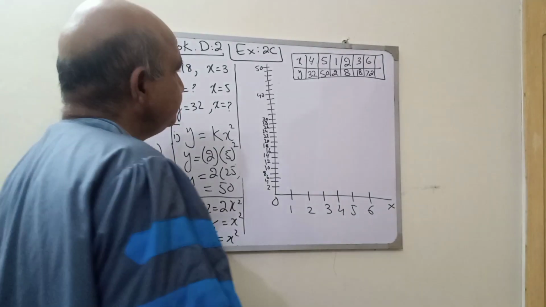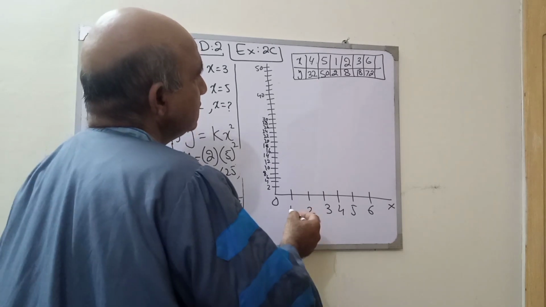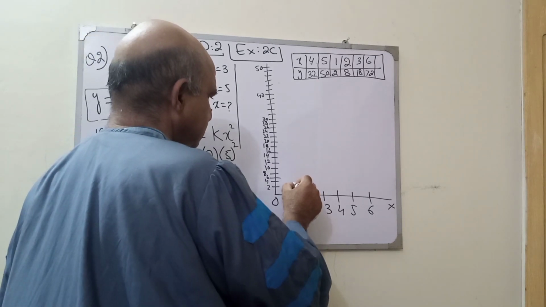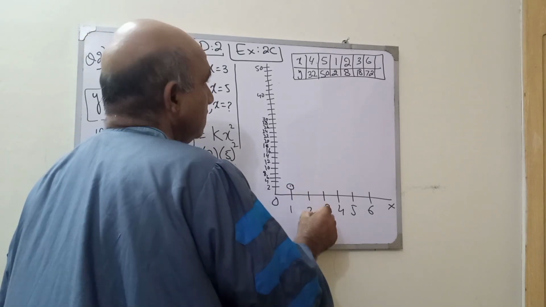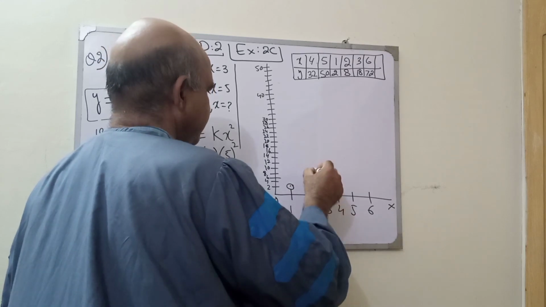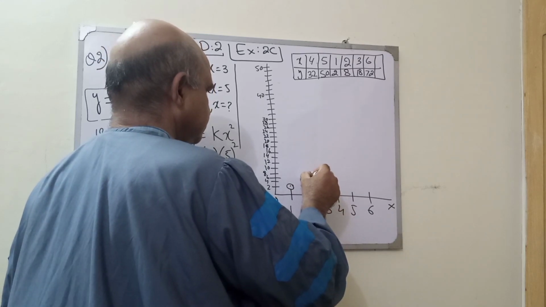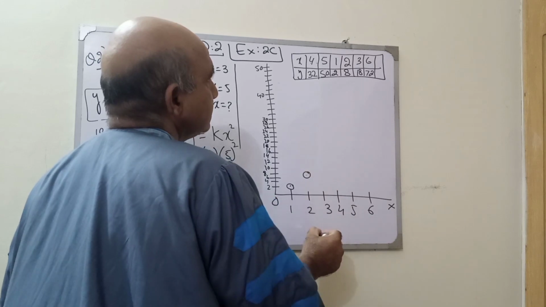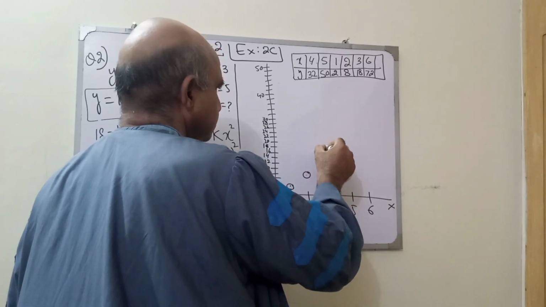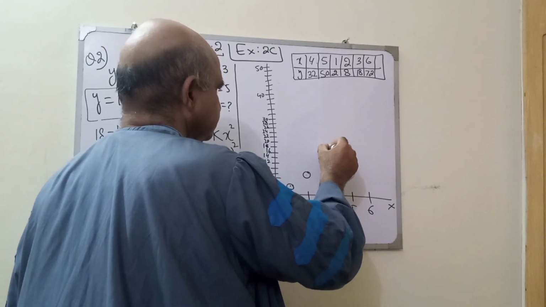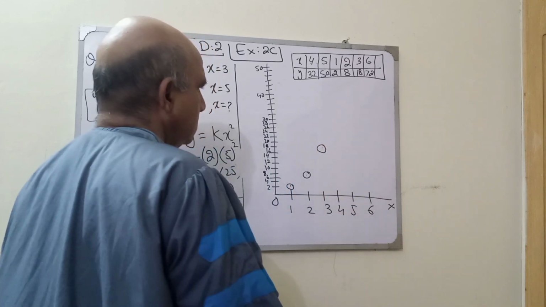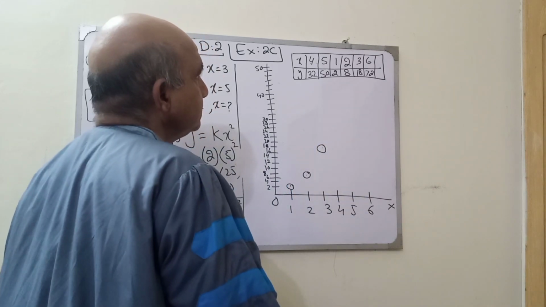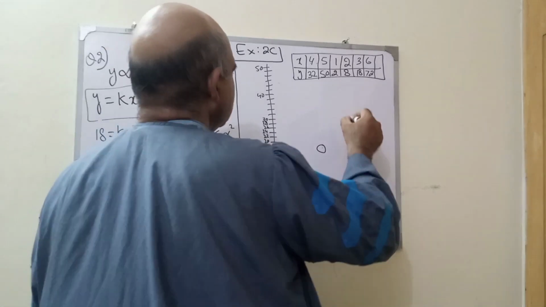Now here, for 1 it is 2, for 2 it is 8. For 3 it is 18. For 4 it is 32.